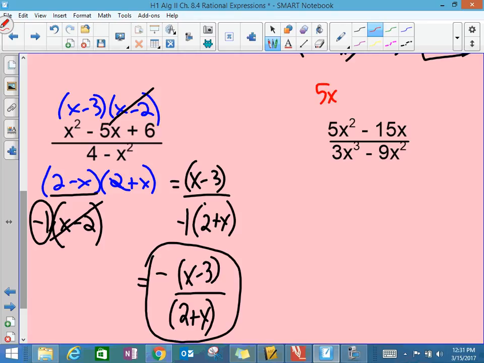So GCF again has two parts: the biggest number you can take out, which is 5, and the most x's, which is 1, and we're left with x minus 3. Amelia, what about the bottom? 3x. How many x's can we take out? 2, right? So the biggest number is 3, the most x's is 2, and we're left with x minus 3.